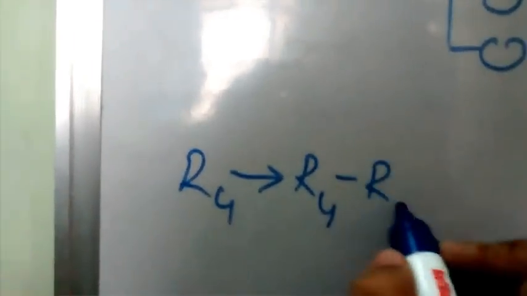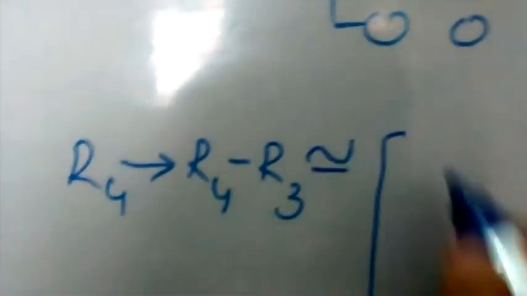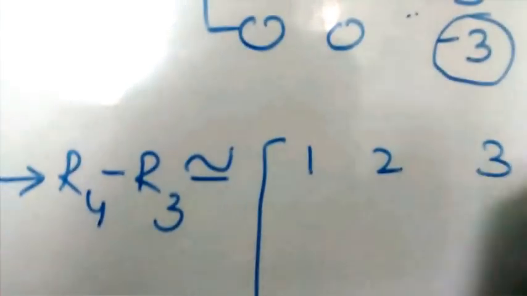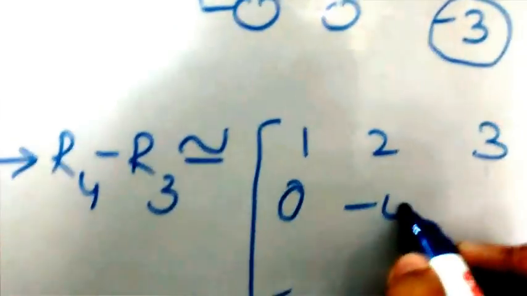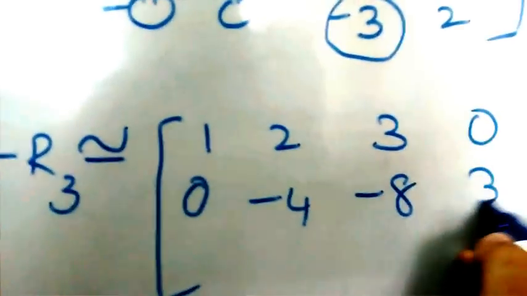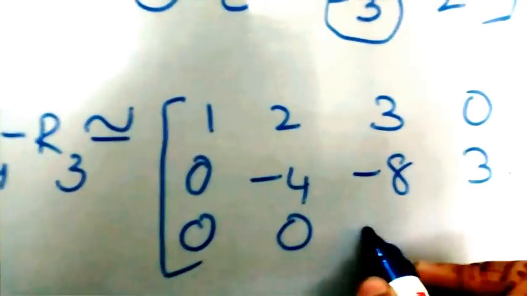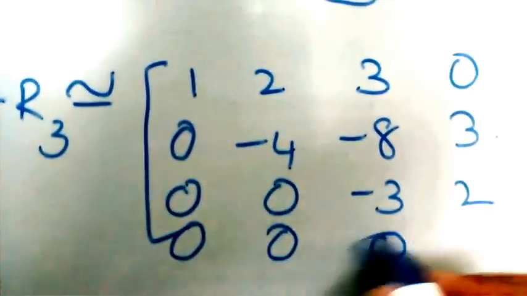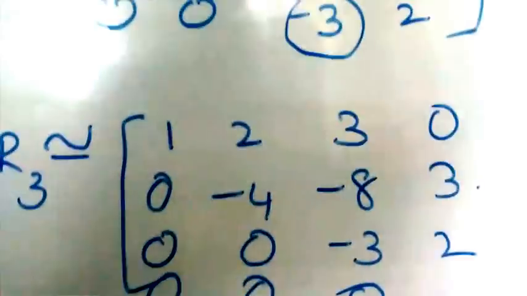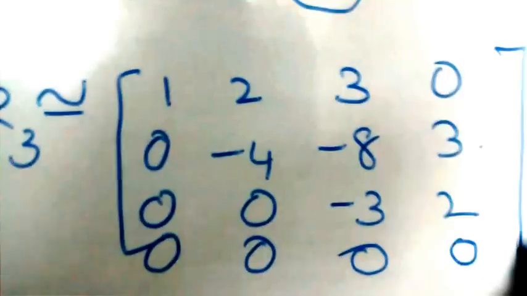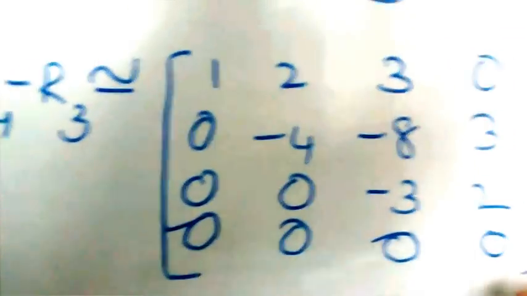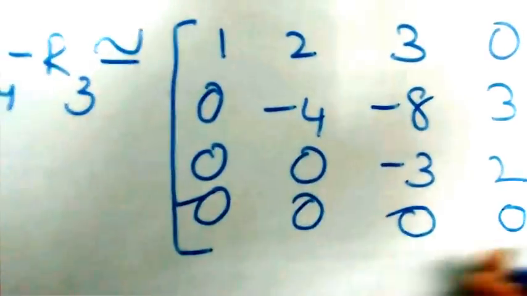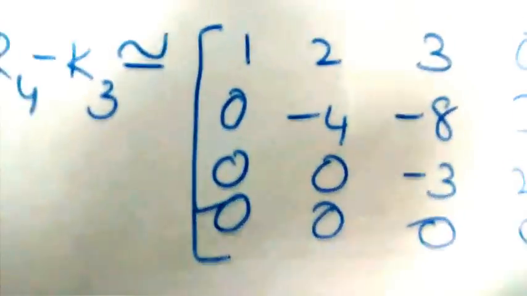So the operation will be R4 tends to R4 minus R3. 1, 2, 3, 0, 0, minus 4, minus 8, 3, 0, 0, minus 3, 2, 0, 0, this is 0, and 2 minus 2 again is 0. So the last row has been reduced completely to 0. We cannot consider this row a non-zero row. This is called a completely zero row.